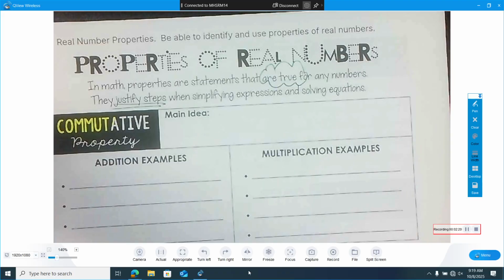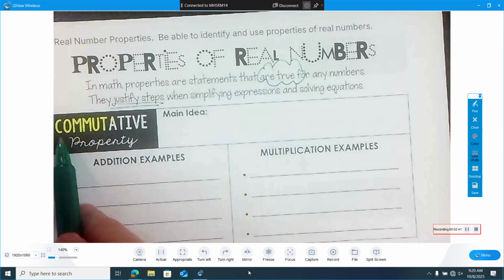So I drive from my house and I come to school, and that's 7 miles. When I start at school and go home, is it still 7 miles? It's the same distance whether I start at home and come here or whether I start here and I go home. I drive the same path. Okay, and so this is my commutative property.